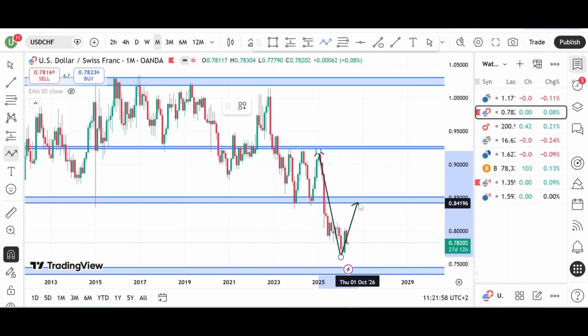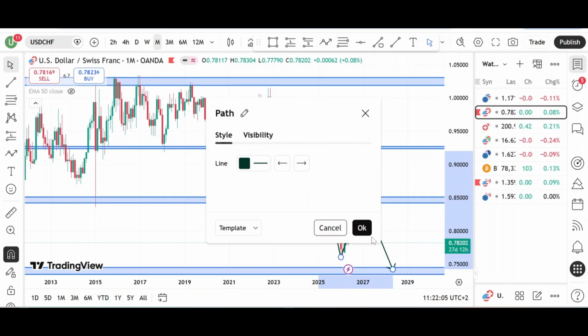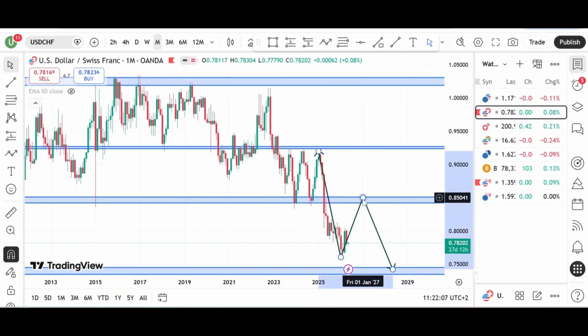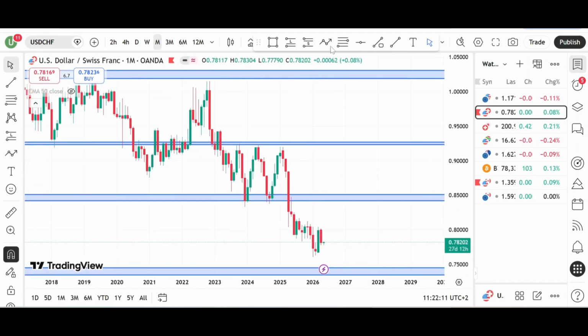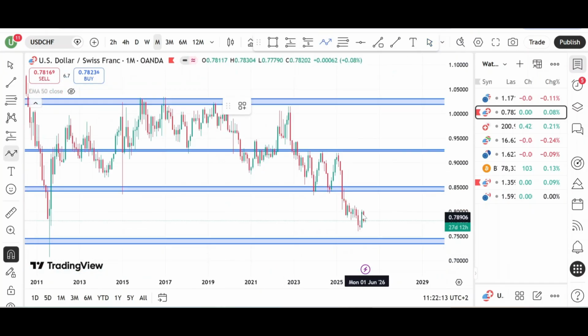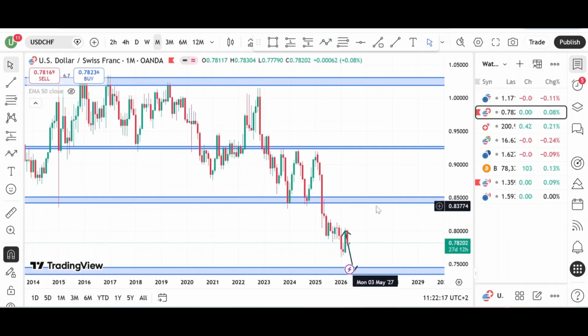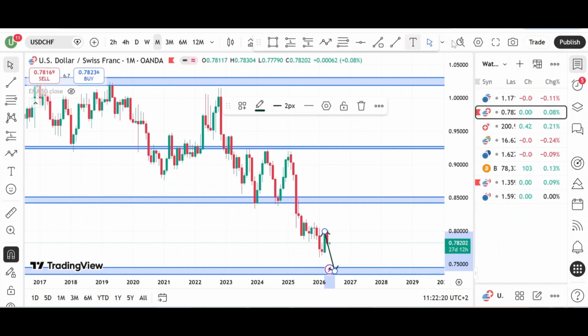We can wait for the buyers to come to retest here before we enter for sell, in order to create a higher low, a lower high here, or we can even see the continuation to come to this 3-month zone. This is also very possible.